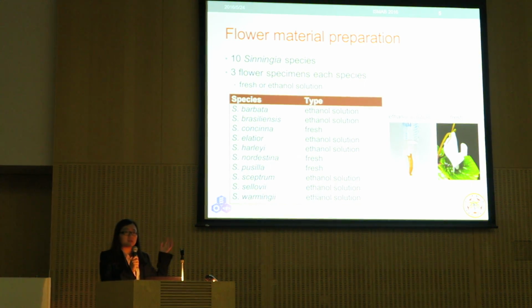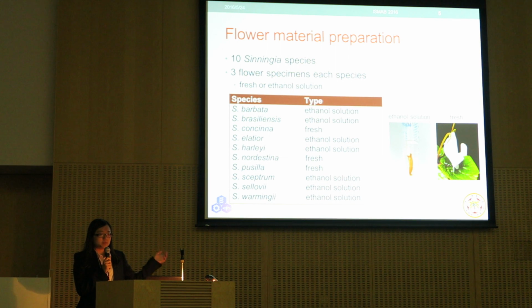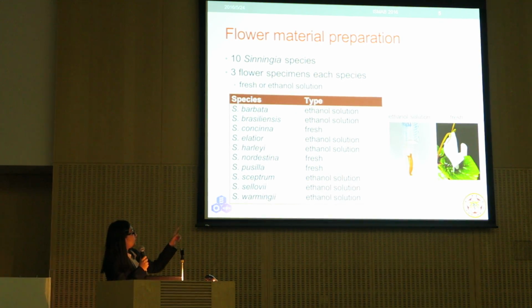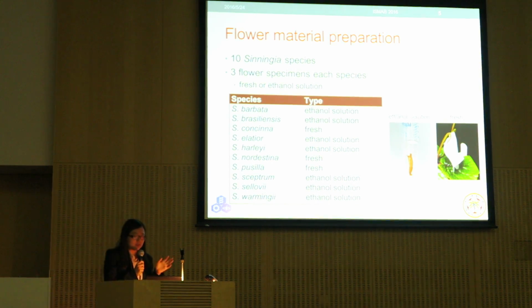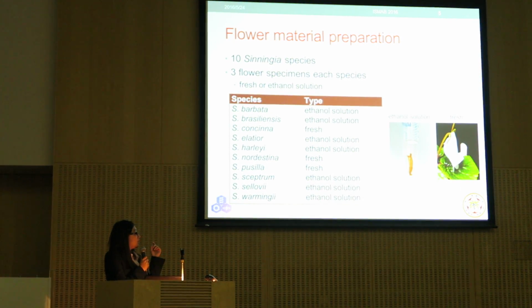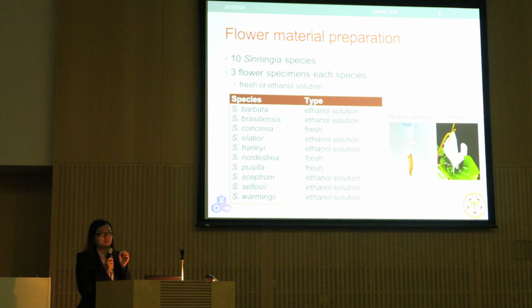The table shows the state of specimens. There are 2 pictures: one is a specimen in ethanol solution, and the other is fresh. Some specimens were kept fresh because their tissue was too fragile to be kept in ethanol solution.